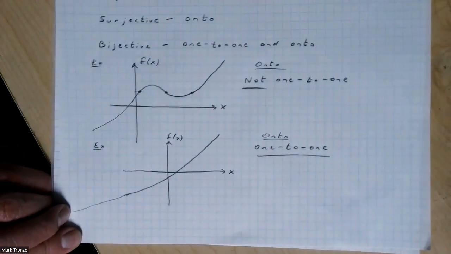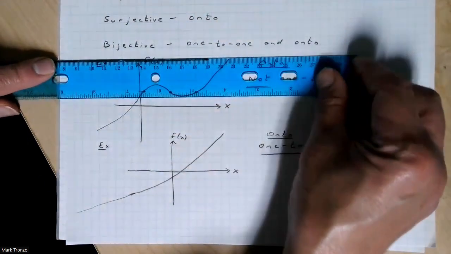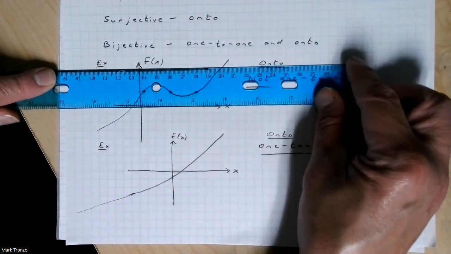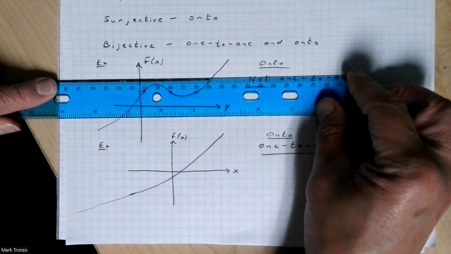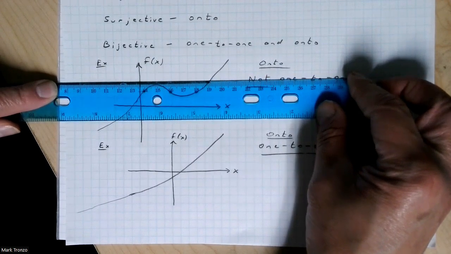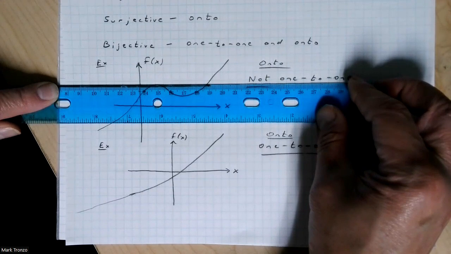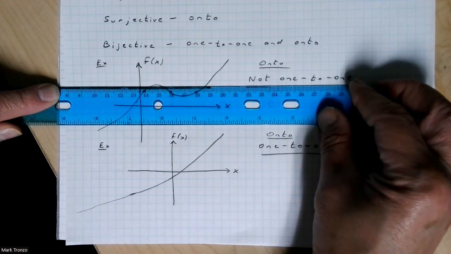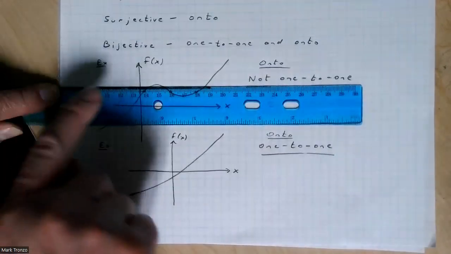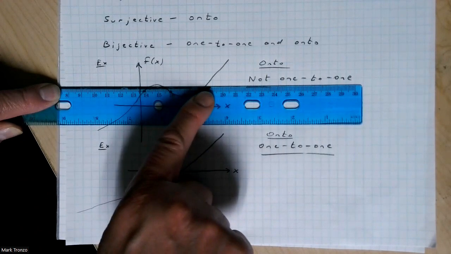And of course, also to test for one-to-one, we can use the horizontal line test. We have to start at the top and go down. If the curve passes the horizontal line more than once at any point, that means it's not one-to-one. In fact, you can see right here, it's passing it a couple of times. The curve is passing a horizontal line here, here, and here.